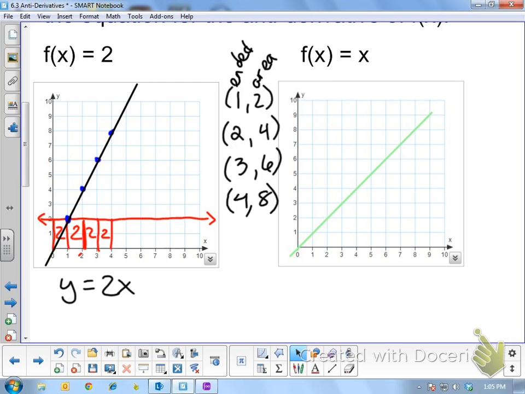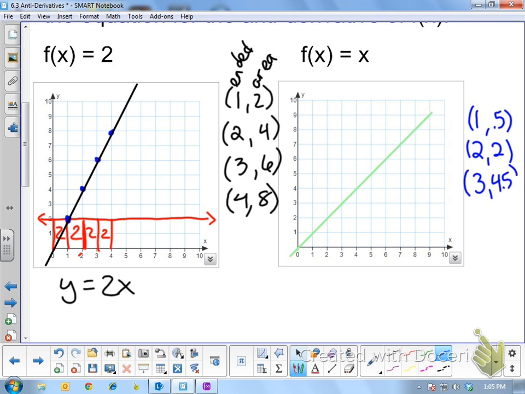Okay, what points did you get for your area function? So if I start at 0, what's my area from 0 to 0? 0.